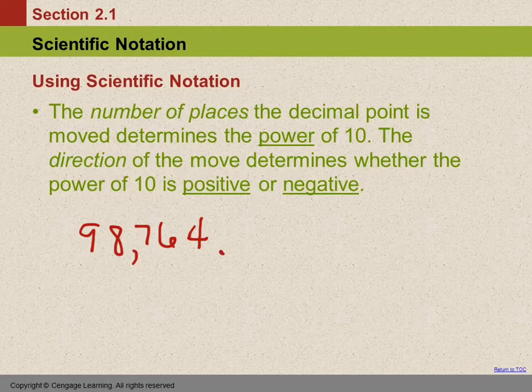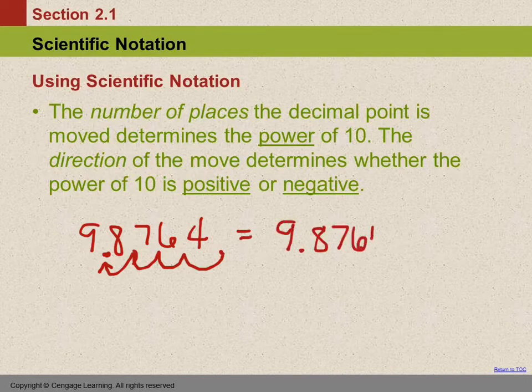So we need to factor out tens so that the decimal point ends up over here. So we need to move the decimal point over there. We need to see how many places we're going to move it. We're going to move it 1, 2, 3, 4 places. So this is going to equal 9.8764 times 10 raised to a power. The power is going to be 4.